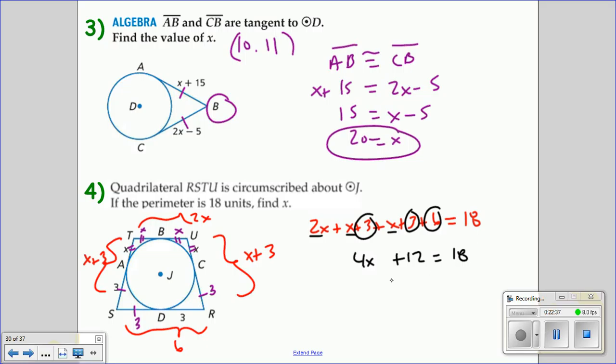Subtract 12 on both sides, which will leave you with 4x is equal to 6. Divide by 4, x is equal to 3 halves, which is the same thing as 1.5.